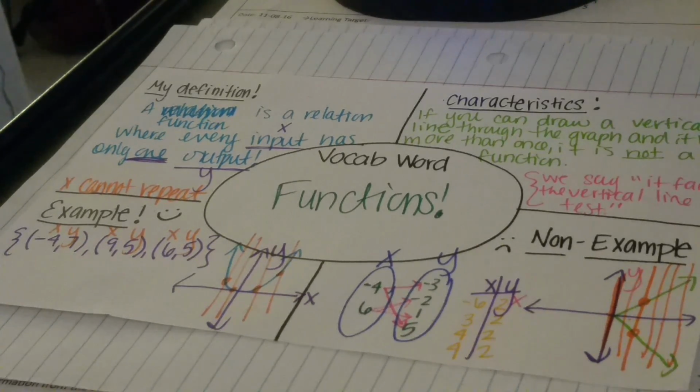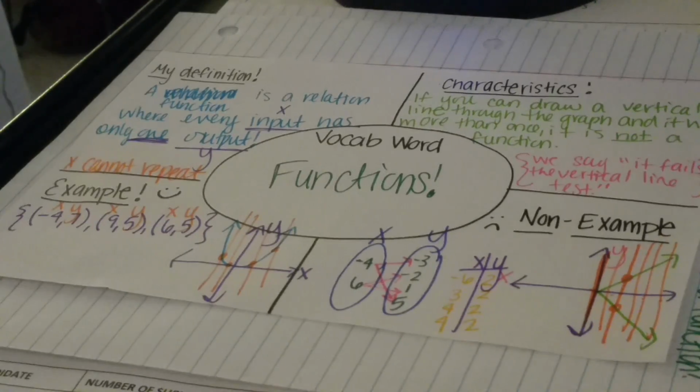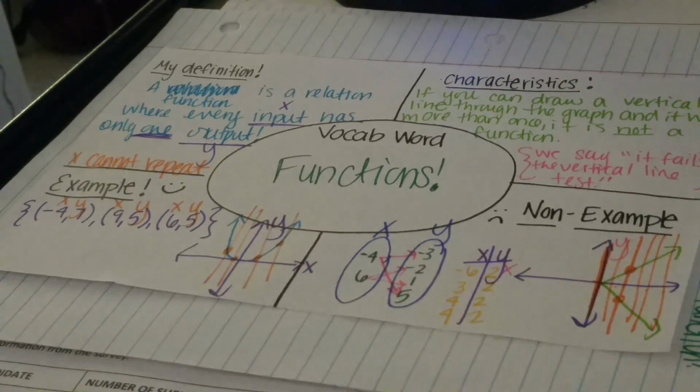My Y repeats and my X repeats. Is this a function? No, because X cannot repeat. Does everybody understand? It says negative 6, 3, 4, 4 going down the X, and then 2's going down the Y.